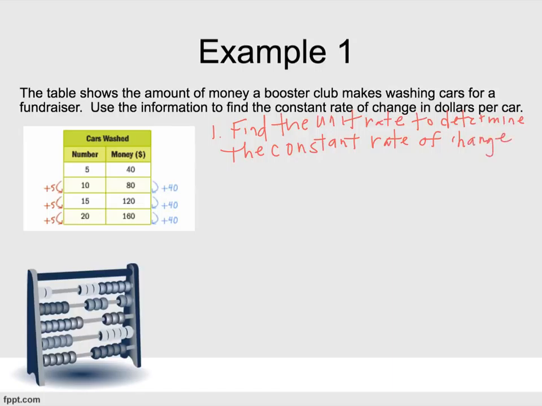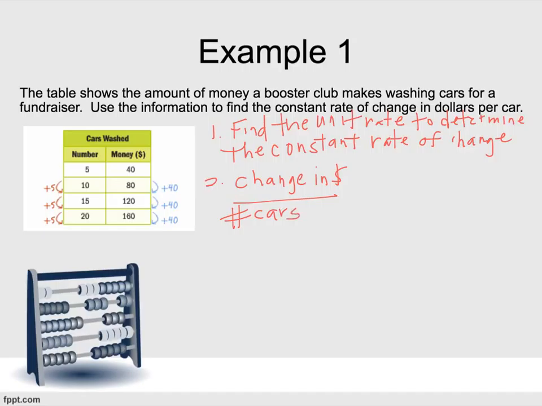Okay, so how do we do that? First, we take the change in money divided by the number of cars.